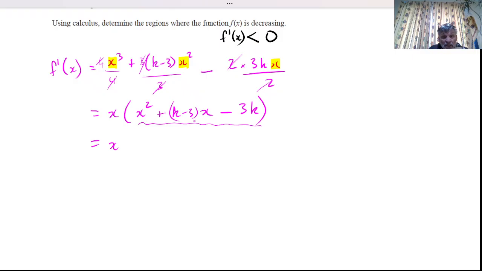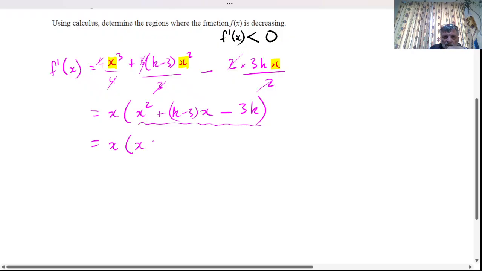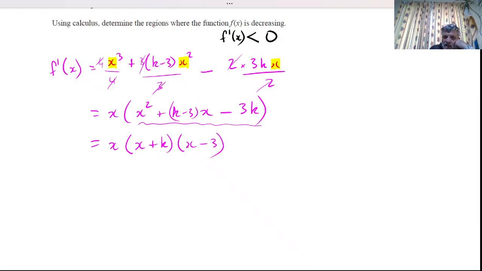Well, they're staring right at us, because if I multiply k and minus 3, I get minus 3k, and obviously if I add them, I get k minus 3. So this is (x plus k)(x minus 3). Expanding: x squared, x times minus 3, minus 3x, k times x, kx, and then minus 3k, all done.